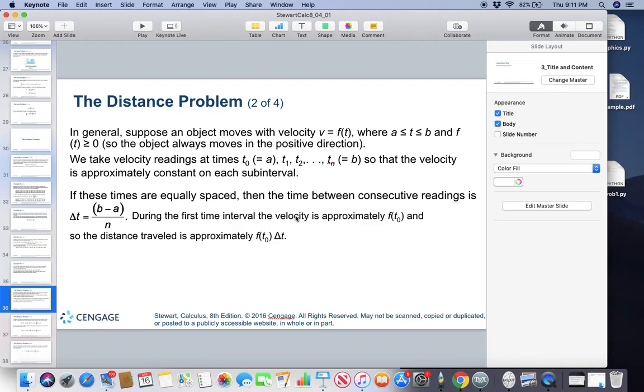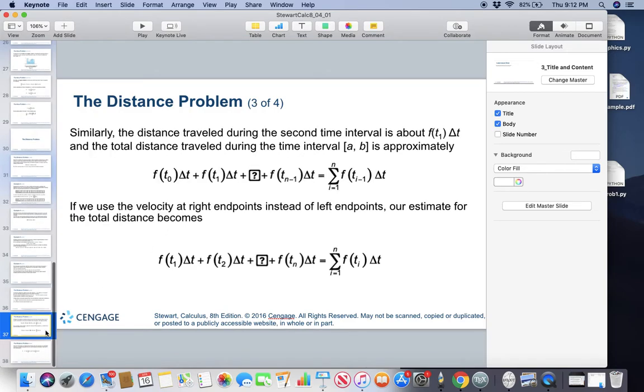During the first time interval, velocity is, let's assume, at the 0th. So from the 0th to the first time, velocity is what you say at this point. Okay, at that time. So you have traveled this much distance in the first split of your time. Okay, and then continuing.